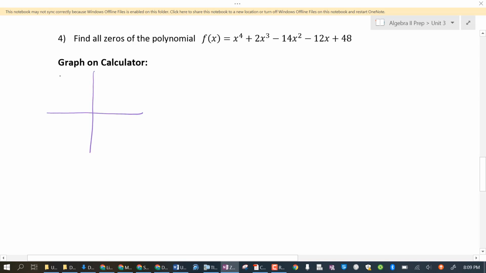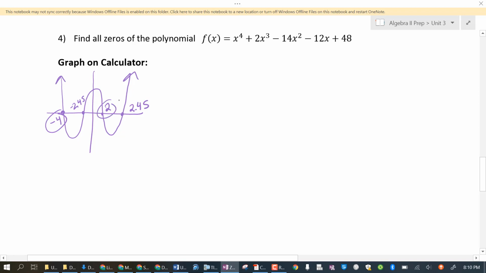So it went down, up, and I know these ones were a little bit closer. That's okay. So this guy was negative 4. This guy was about negative 2.45. This guy was 2, and this guy was 2.45. So the two real zeros we're going to use are negative 4 and 2.